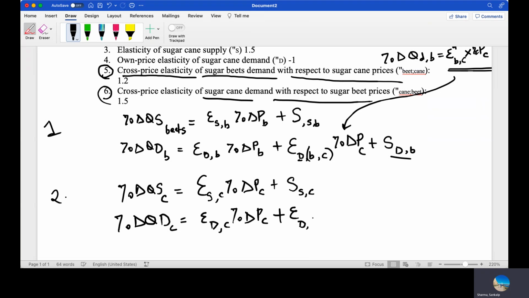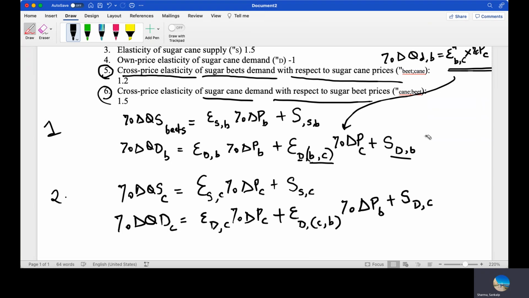So again, in brackets, you're going to have cane comma B. Notice it's the opposite from what we had before, times the percentage change in the price of beets, plus the shock in demand for cane this time.